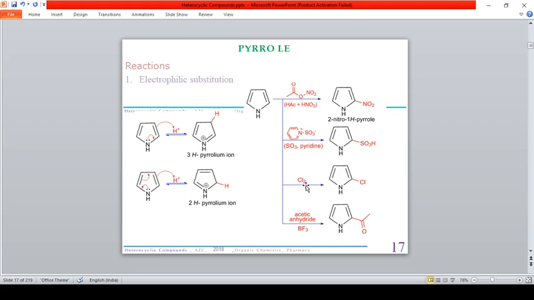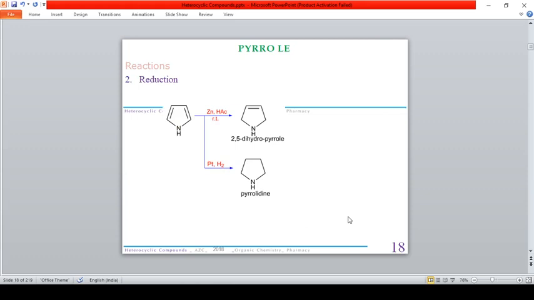Now halogenation, or we can say chlorination. So again chlorination will happen on the carbon 2. If we react acetic anhydride in the presence of PF3, the CH3CO group, or we can say acetyl group, will bind at the carbon 2.